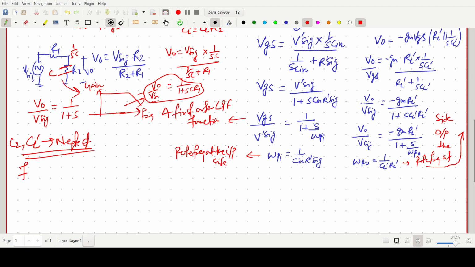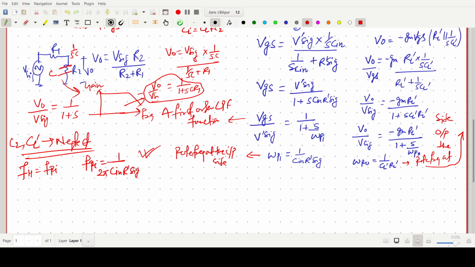So the frequency is dominated by the pole frequency f_pI because C2 CL' will be neglected. So f_pI will be simply 1 by C_in R'signal, with multiplication by 2 pi. When we neglect C2 CL' for the approximation purpose, one can simply write the frequency estimation by using the C_in capacitance and R'signal resistance. This is one way.